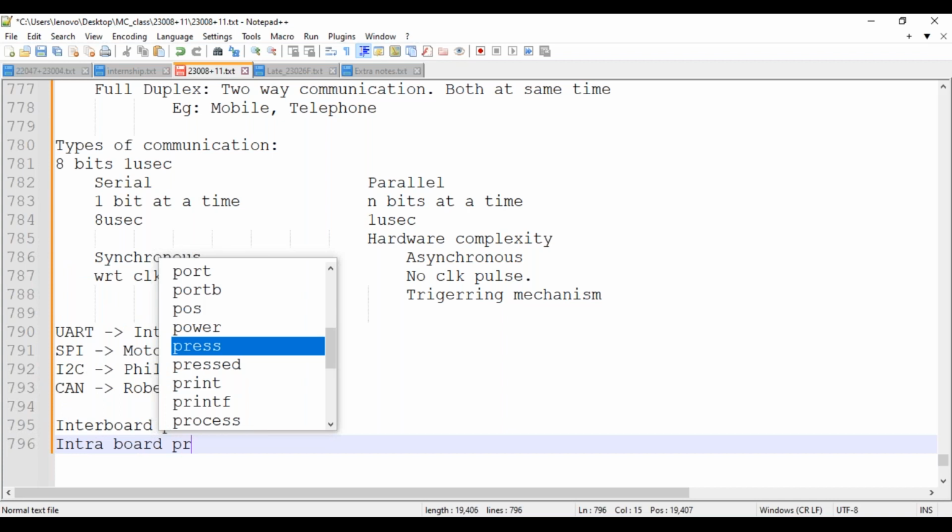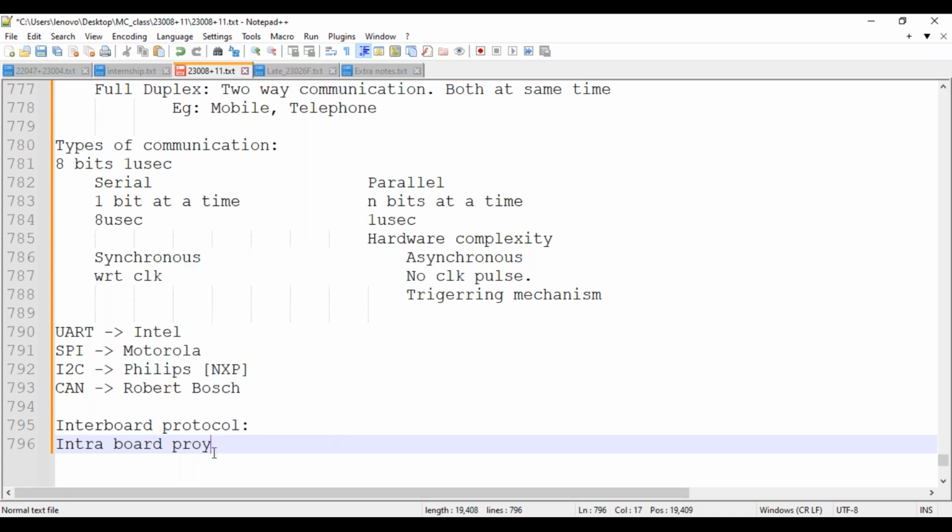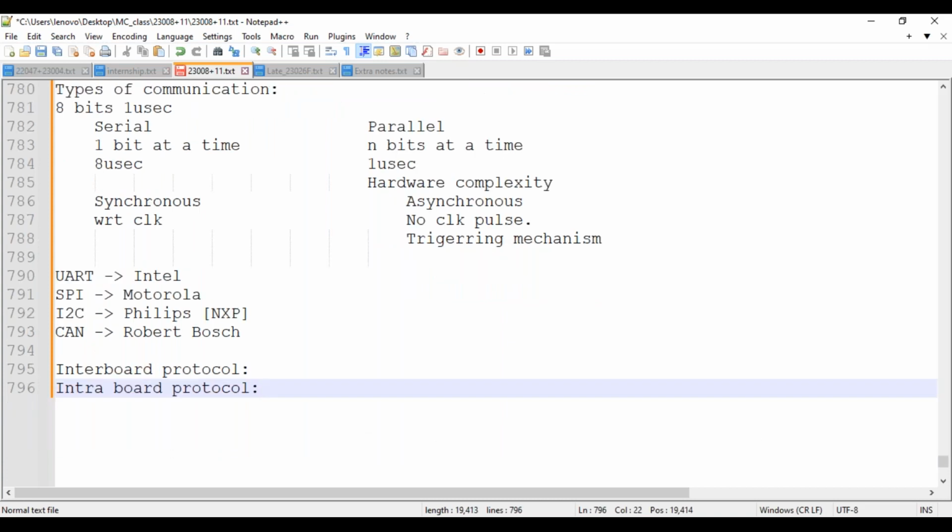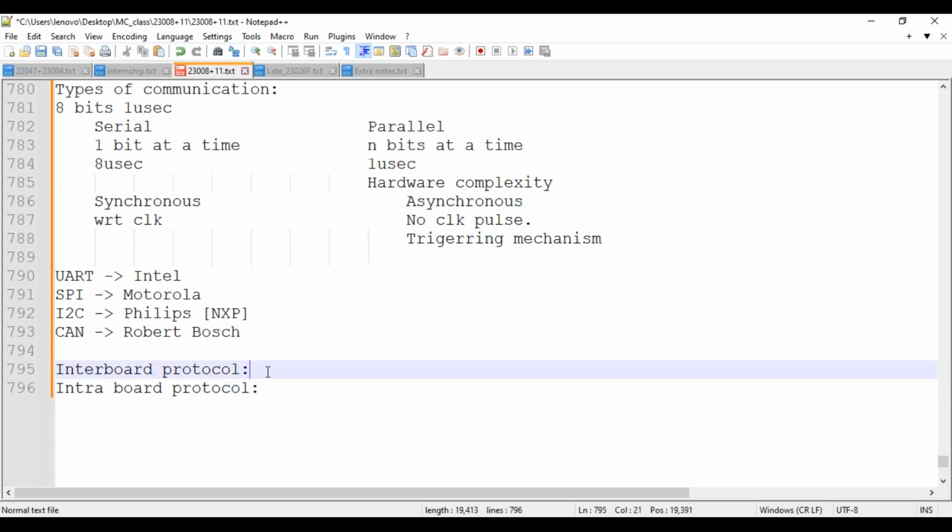When you have to choose protocols yourself, when establishing communication between two systems, you have to take care of interboard and intraboard communication protocols. The interboard communication protocol is used when you have to communicate between two chips of different boards.